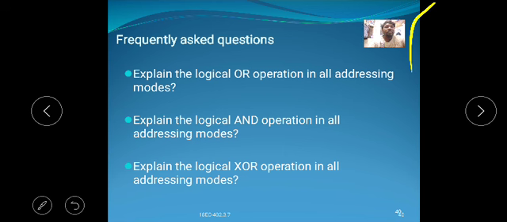That means the logical OR, AND and XOR operations in all the addressing modes: immediate addressing mode, direct addressing mode, register addressing mode, register indirect addressing mode, and index addressing mode. These are all the addressing modes used to perform the logical OR, AND, and XOR operations.